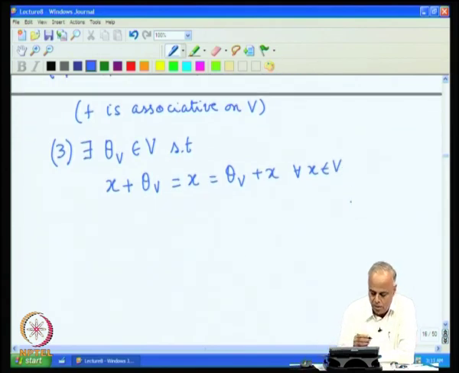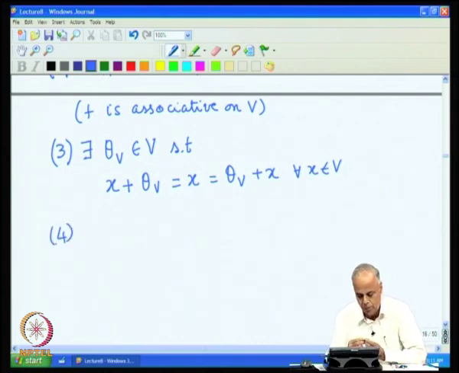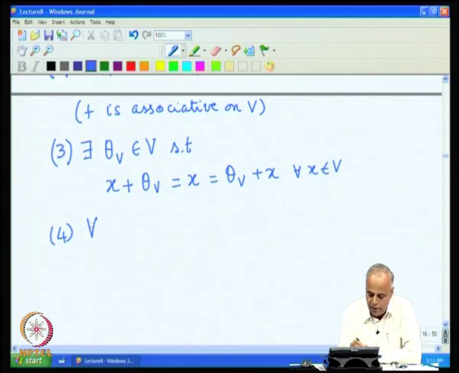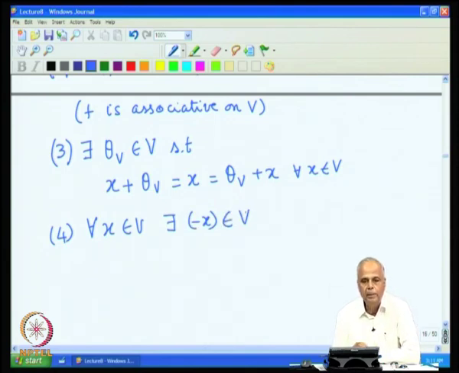Then we had the notion that for every element there must be the negative, that is, for every x in V there must exist an element in V. Remember, the negative of a real number was a real number, the negative of an element in R k was in R k.